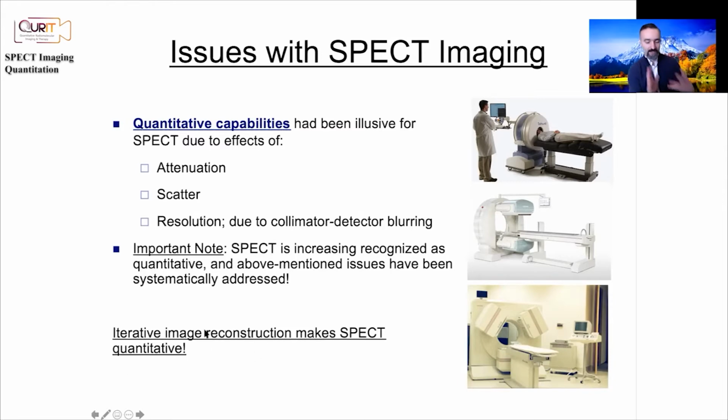This is a very important take-home message. If next time somebody tells you SPECT is not quantitative, you may want to tell them maybe on this scanner and this particular implementation, when no attenuation correction is being done, or some really old school attenuation correction is being done, maybe. But SPECT can be made quantitative. So let's see what that means.